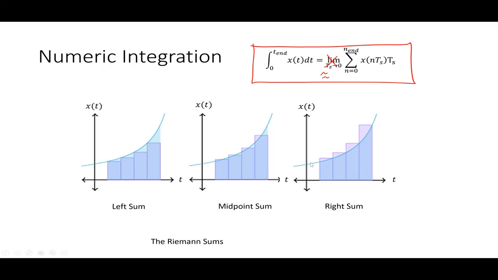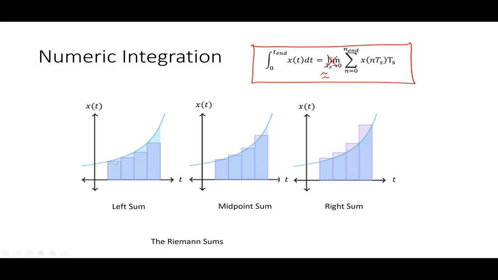In the right sum, I basically have the rectangle touching the curve x of t on the right side of the rectangle. Now you can see that the left sum basically is going to underestimate the true area, so it's going to underestimate the true integral, and the right sum is going to overestimate the true integral because it's taking into account an area that's outside the curve, whereas the left sum is missing it.